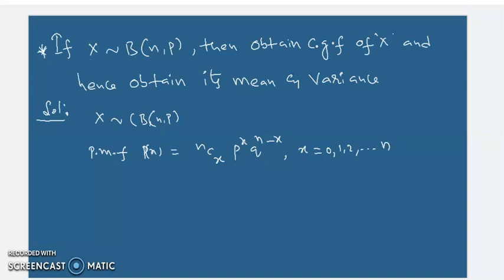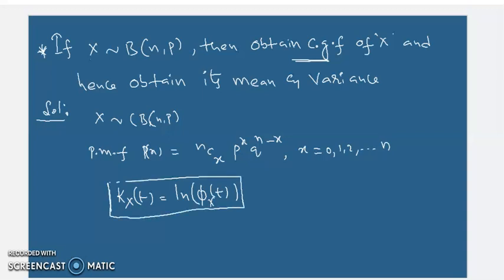So in this problem we are going to find first of all the C.G.F of X. The cumulant generating function of a random variable X is K_X(t) equal to the logarithm of the characteristic function φ_X(t). This is the formula for finding the C.G.F of a random variable.